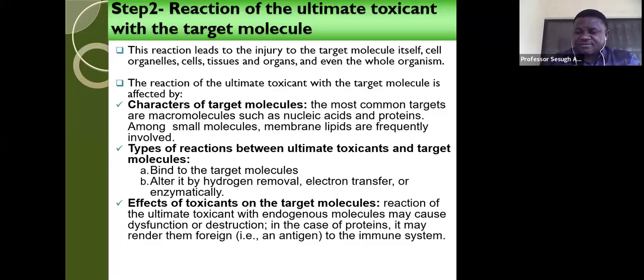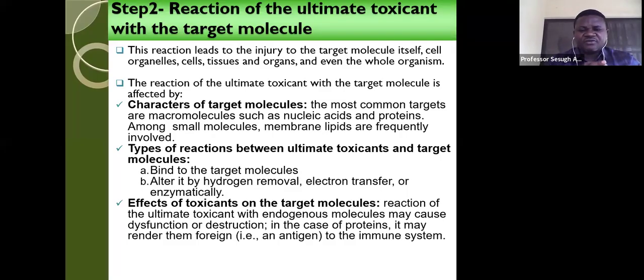They bind themselves together with the target molecule, and they alter it by hydrogen removal, electron transfer, or enzymatically, right? So the types of reactions between ultimate toxicant and target molecules: one, they bind to the target molecule, they alter it by hydrogen removal, electron transfer, or enzymatically.